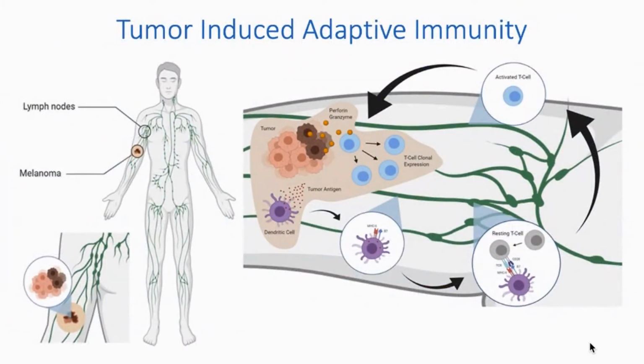So what the thinking today is that in many cases, tumors do induce some type of adaptive immune response, and this is a figure that I put in a recent review.